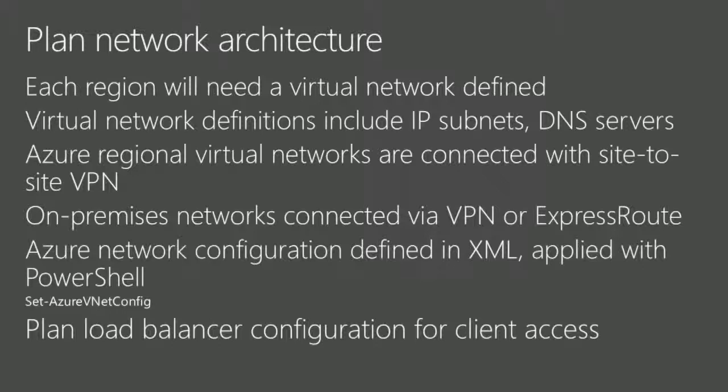When you're deploying multiple Azure regions and wanting to connect them, you're going to be using site-to-site VPN in Azure to make those connections happen. So just be aware of that. There's no implication to that, but that's essentially the process that you're going to go through within Azure to get that up and running. If you're familiar with site-to-site VPN for connecting your local on-premises data center to Azure, it's a similar process to get that going.